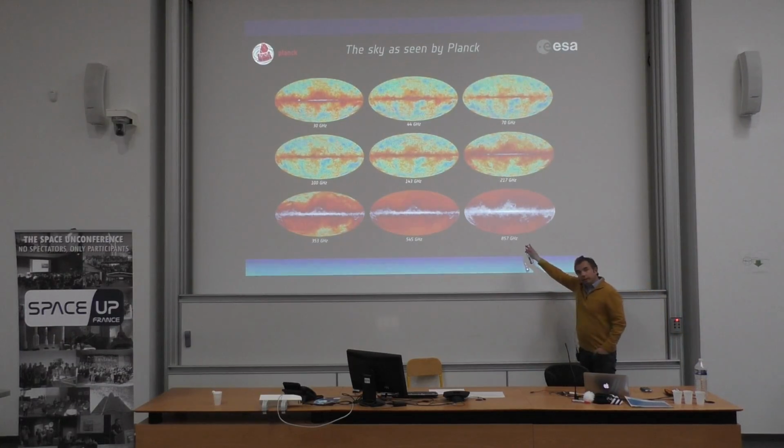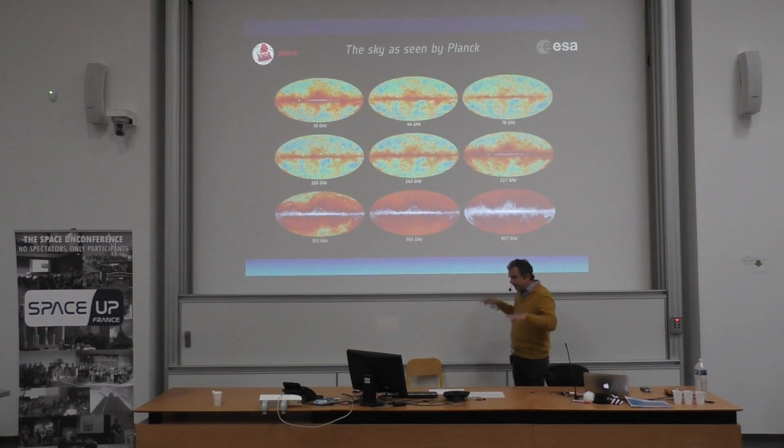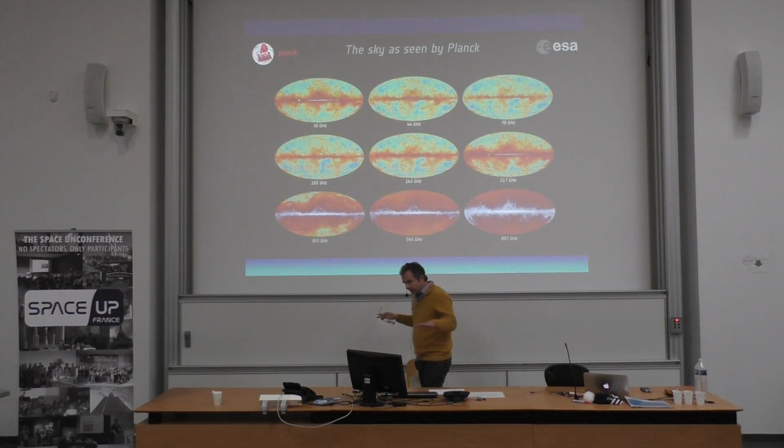Here, at the highest frequency, you get all the dust and gas from our galaxy. So this is basically our Milky Way that develops throughout the sky. Then when you go to the radio, this is kind of diminishing.